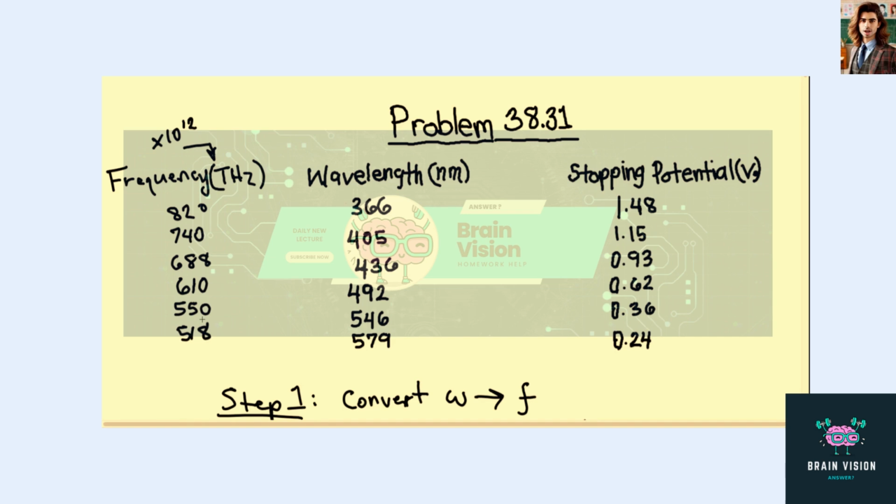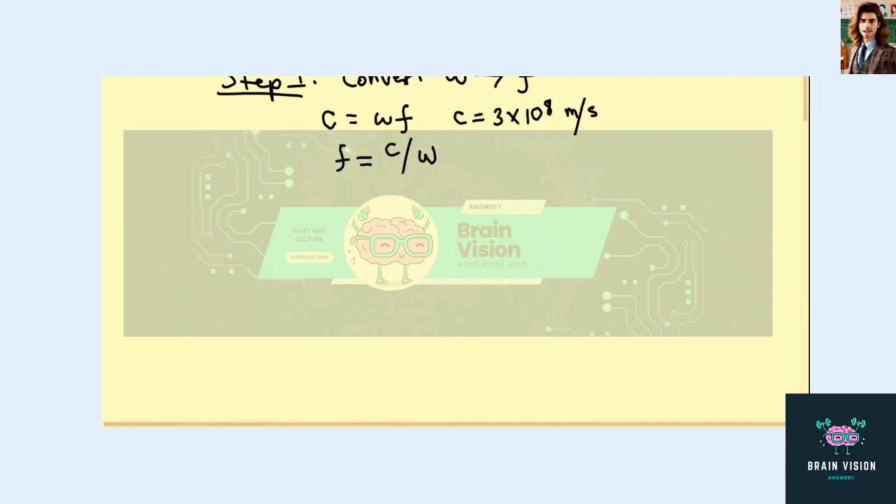So now that we've gotten that done, our second step is to graph our frequencies on the x-axis and our stopping potential on the y-axis.